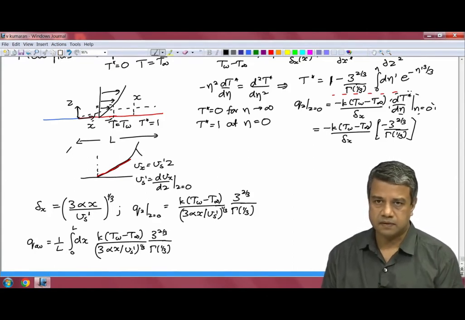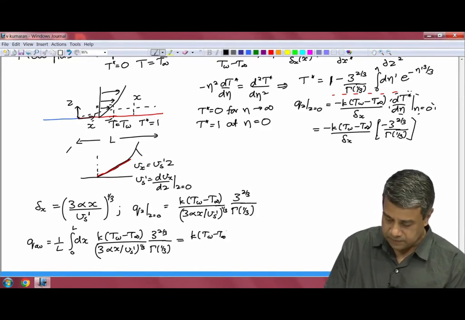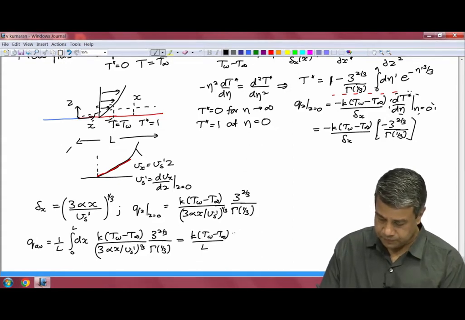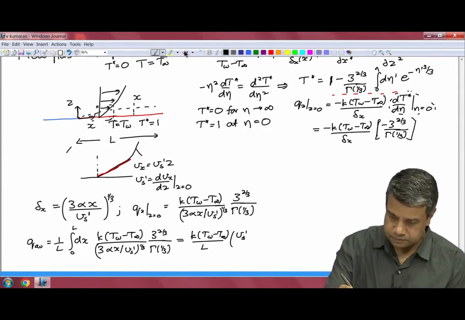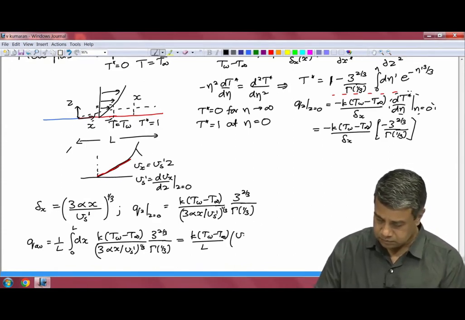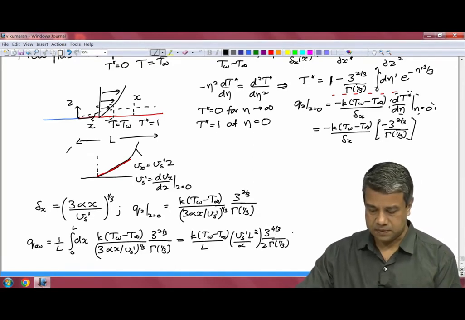This we had simplified, if you recall, in a few lectures ago, and we had got this as k into (Tw minus T infinity) by L, into (Vs prime L square by alpha) to some power, into 3^(4/3) by 2 gamma of 1 by 3, some coefficients, and that was the expression.